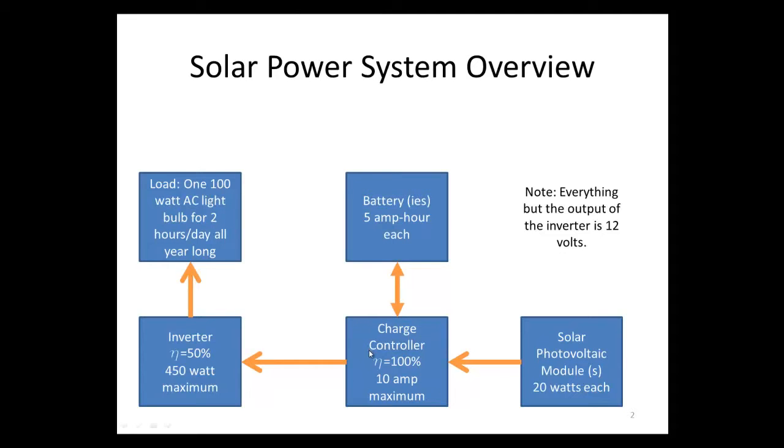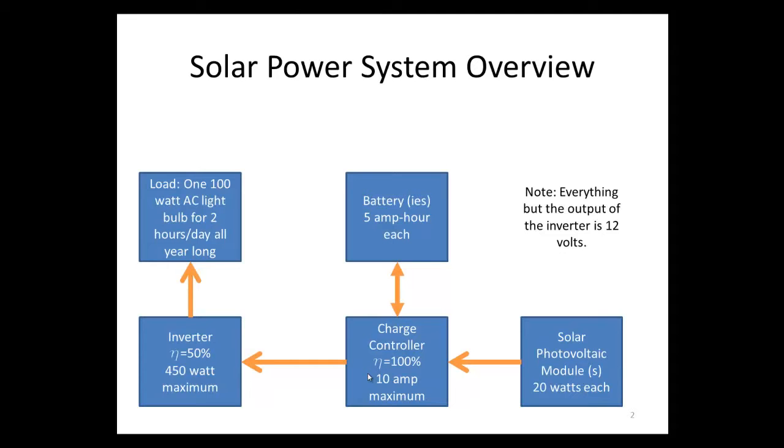This isn't exactly right, but we're going to use 100% efficiency for the charge controller. Normally it's around 80 to 90%, maybe a little higher, but just for simplicity's sake, we're going to use 100% efficiency. We're also going to say that the charge controller provides 10 amps maximum amperage. That's its upper limit rating, just like the inverter has an upper limit rating.